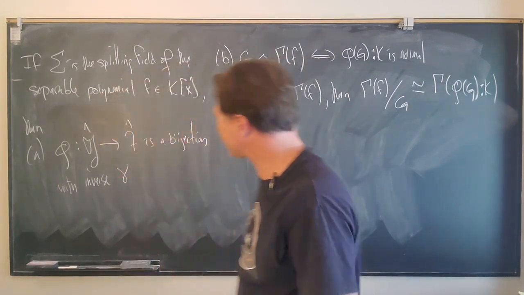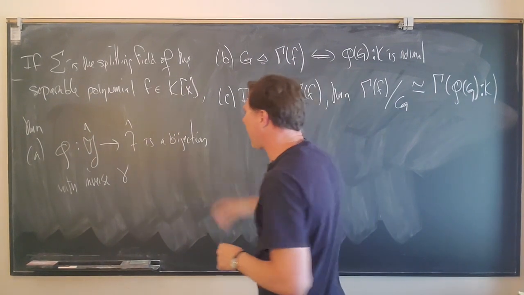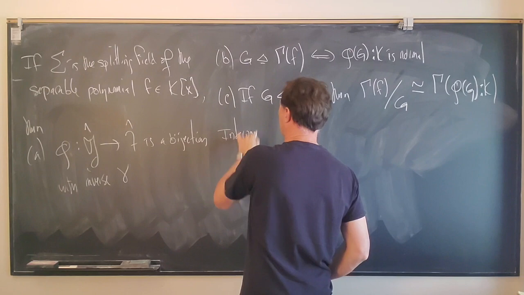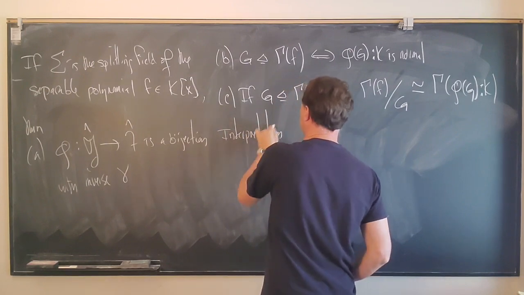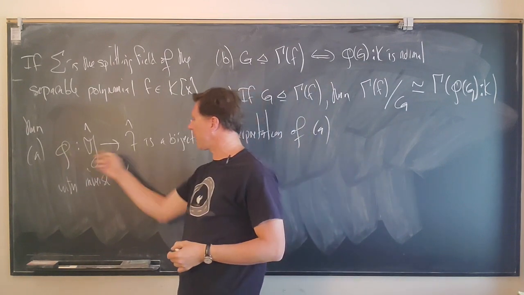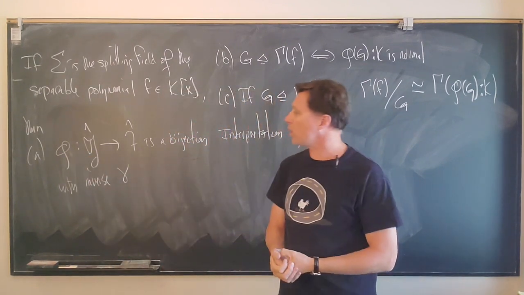I want to say what this means now, especially part A. So, interpretation of A. All right, we've said this word bijection, but we really haven't talked about what this is saying. So what do we have now?